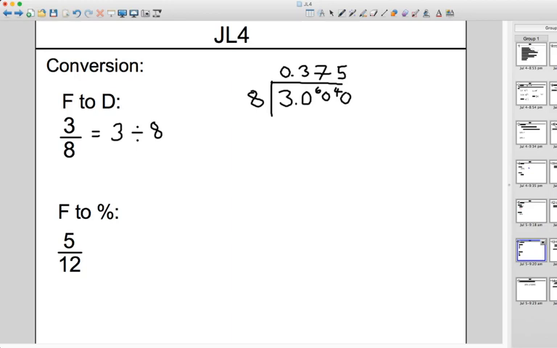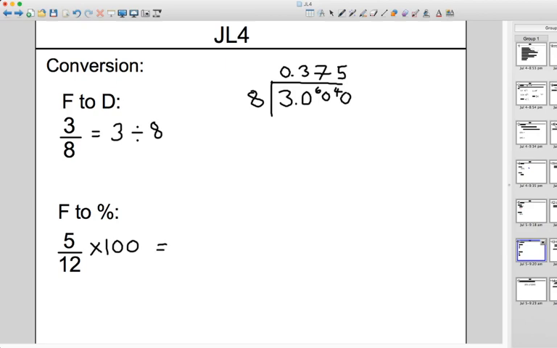Fraction to percentage. So in exactly the same way as decimal to percentage, you have to multiply by 100 to manage that. And there's a couple of ways of doing this.